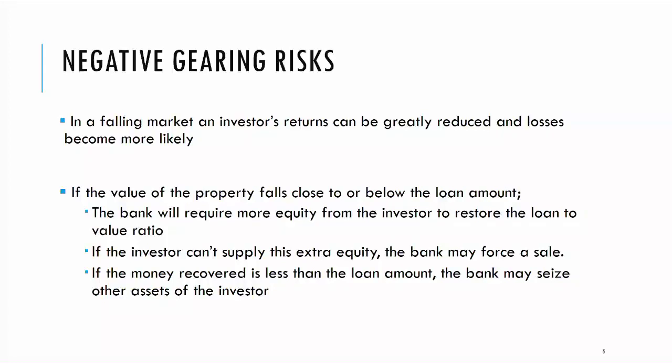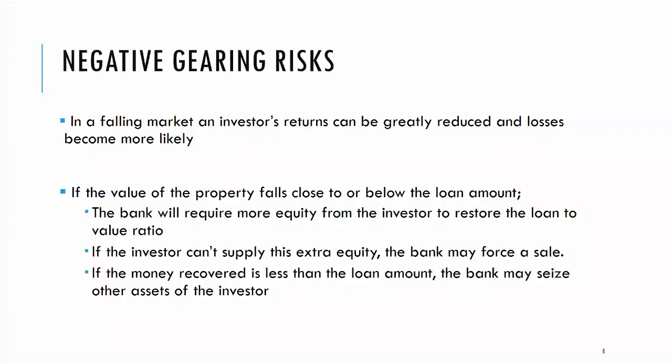So even if I don't default, and I pay my mortgage every month, if the bank asks me to pay the gap of the equity and I can't afford it, they will sell my property. Problem. Even though I pay every month. Because the bank has its regulations. Every year they do the valuation. When the market goes down, they evaluate the market, then they will decide.